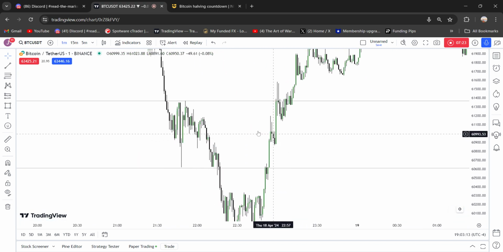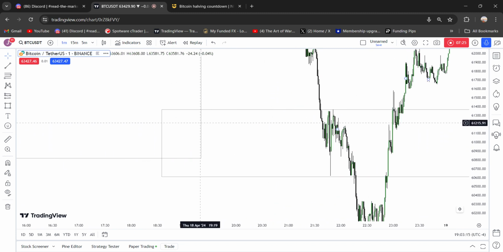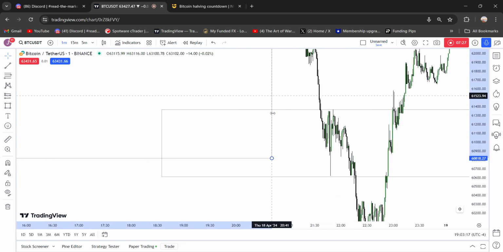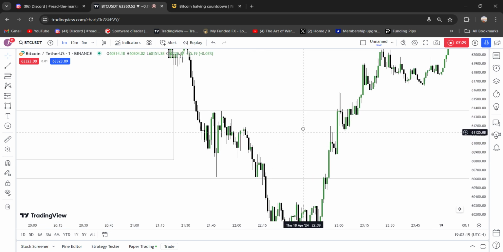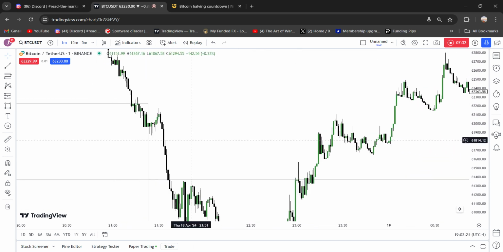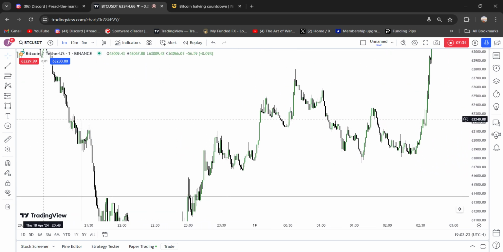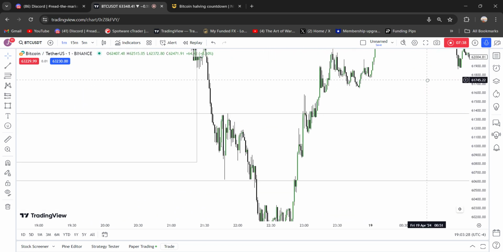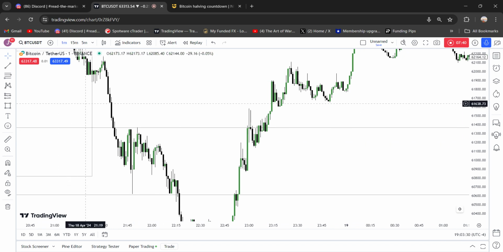Now what I can see in here is there's a retracement engulf back to here, but what is missing in here is this.